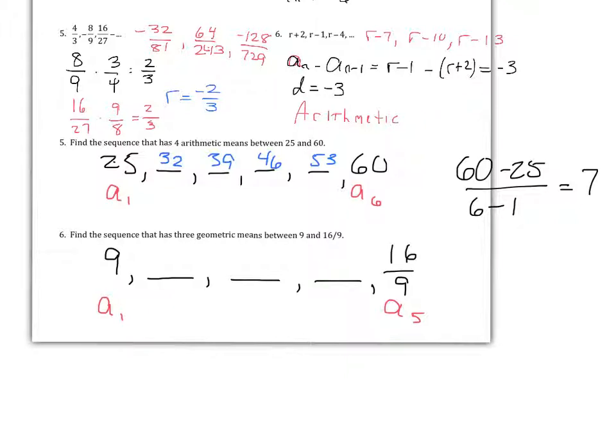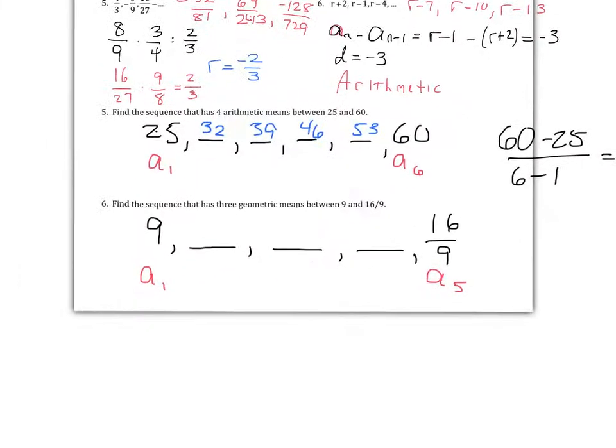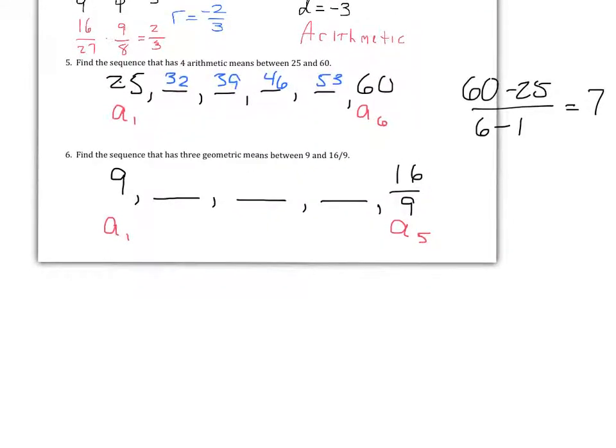So, to figure out again what the common ratio is going to be, we're going to use that formula. And that formula is going to be the nth root, so there are 4 jumps, and we take 16/9 and divide by 9.